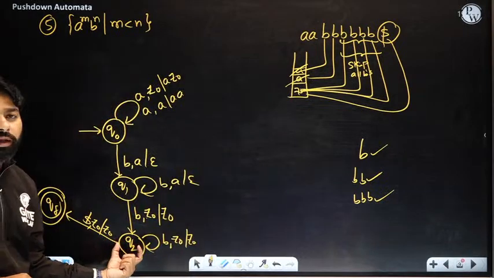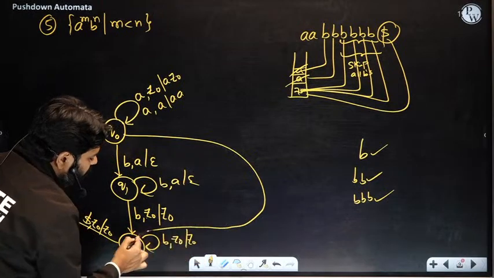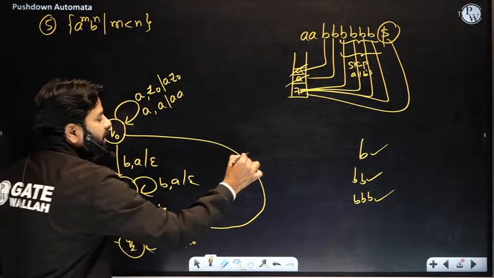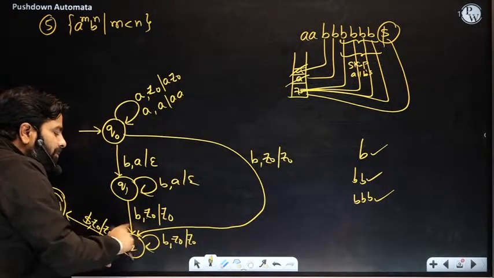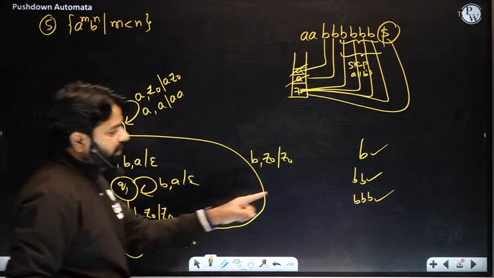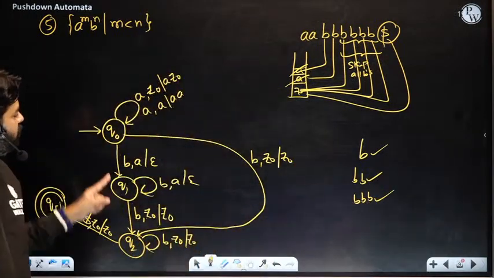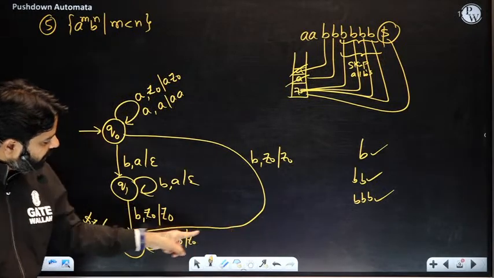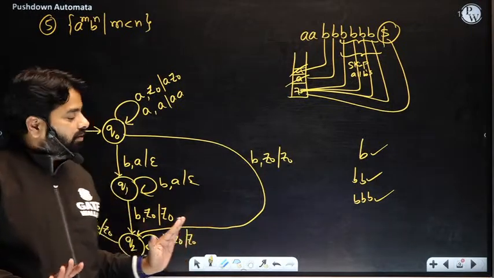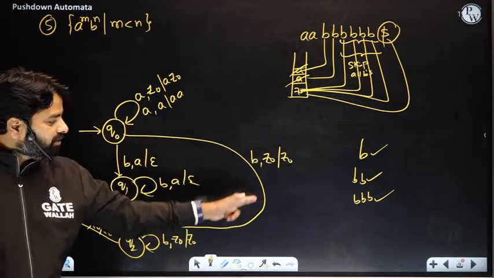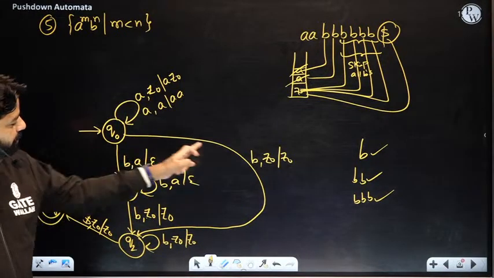So from Q naught, if you see B comma Z naught, then come to here, read every B and go to final. That's what we are doing here, right? You should know that only B's are coming, come this path, read every B and go to final. But you are not using the stack at all, because you are not pushing anything when B comes. Okay, directly B is coming from the initial state, then take this path.